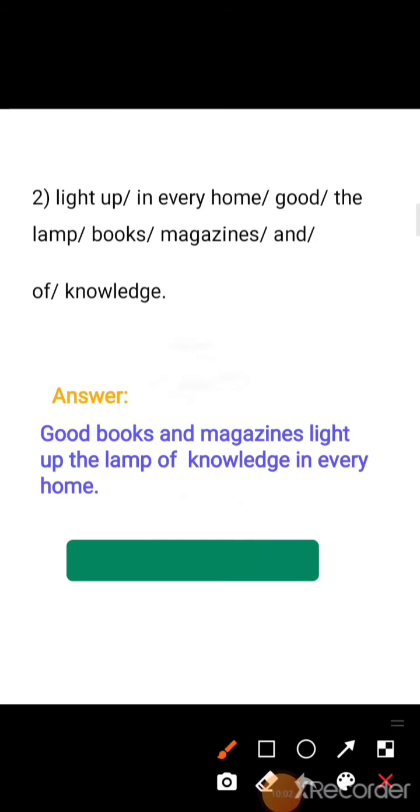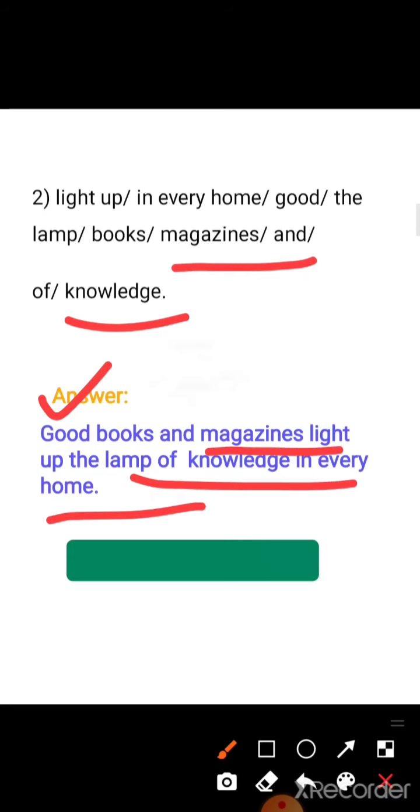Good books and magazines light up the lamp of knowledge in every home. This is the sentence which comes out after reconstructing these jumbled up words. This is the meaningful sentence.